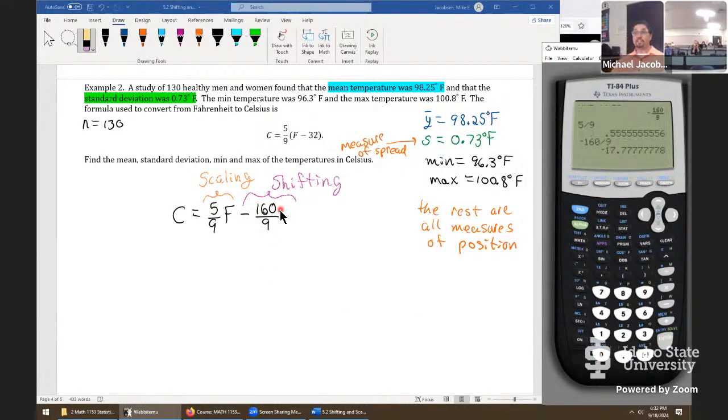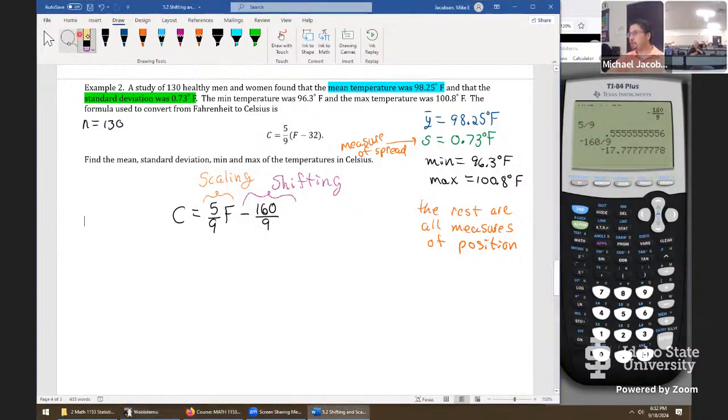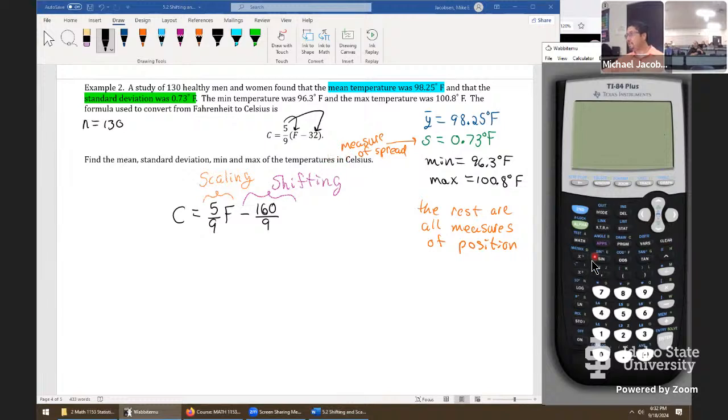And that would go in this location here. Where did the 32 go? That came from when I multiplied here to here. Let me get that arrow going. When I multiplied here to here, that's what gave us the 5/9 F. Right. And then I multiplied here to here. Let me clear that out just to show it again.